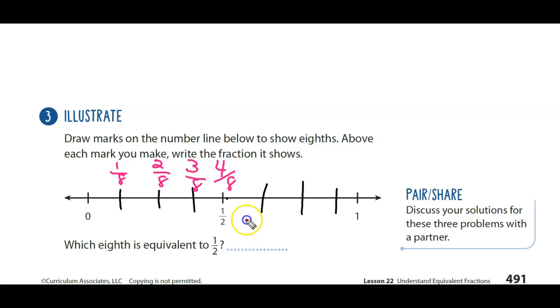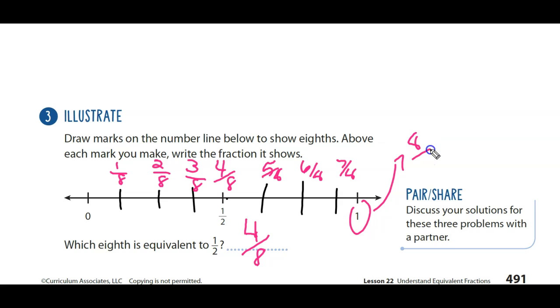I have to label the fraction number line, then I can answer my question. What's next? 5/8. Then 6/8. Then 7/8. And then obviously 1 is equal to how many eighths? 8/8.